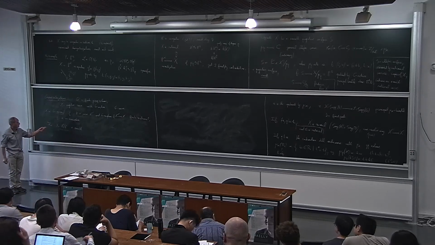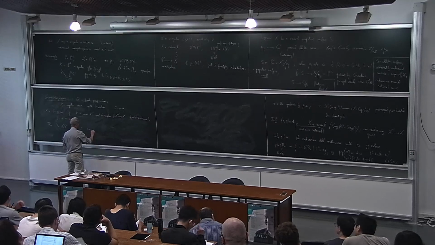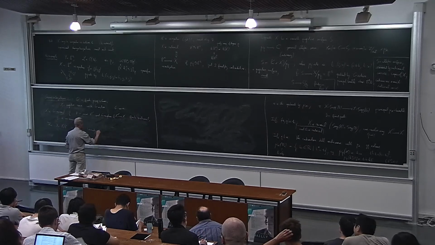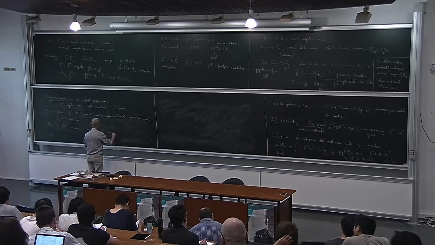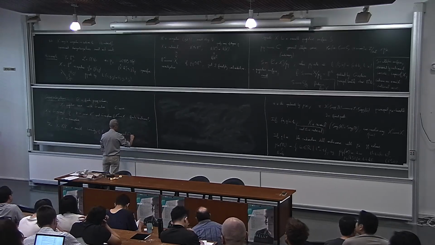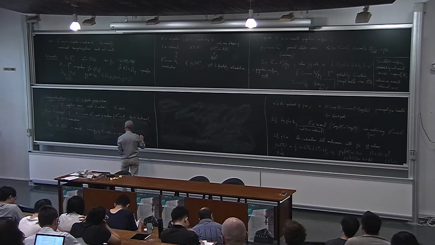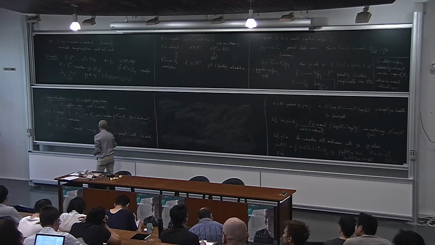There is a converse to this. If you have a principal bundle with X mod G smooth, then the total space is smooth.